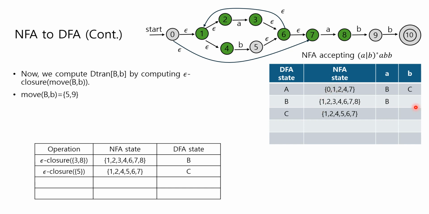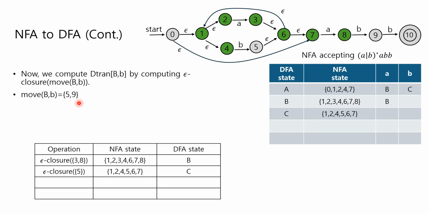If we compute move of B on b, states 5 and 9 are the states to which there's a b transition from some state in the NFA state set B. So we add states 5 and 9 to the result set of move of B, b.